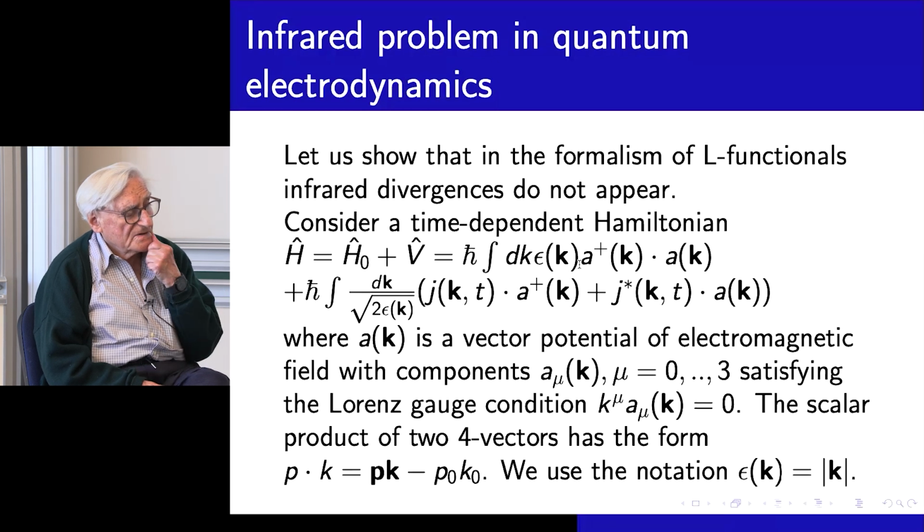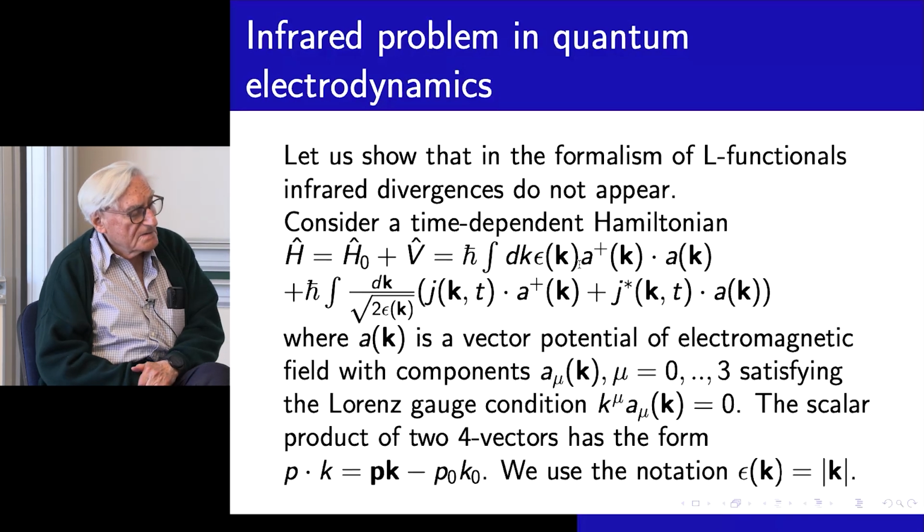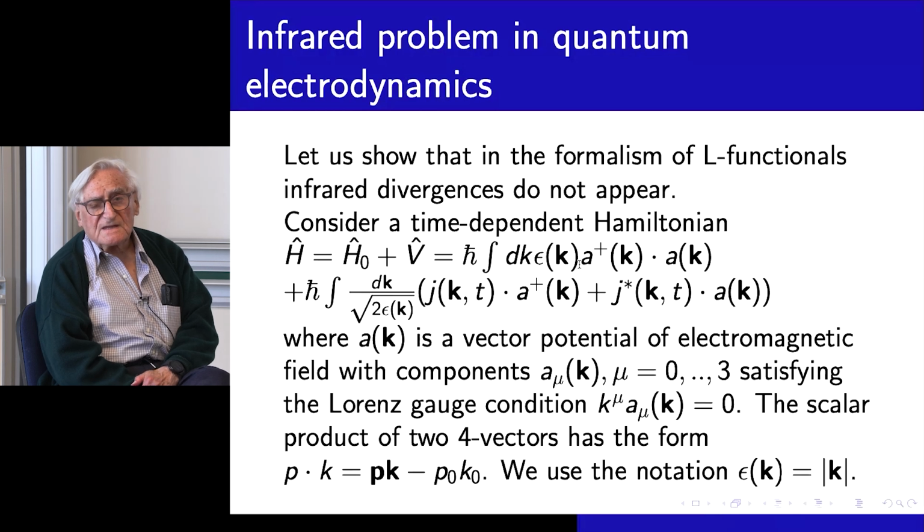So I have this Hamiltonian. Of course you can try to solve it in the usual way, and you will find that Fock space is not sufficient for your calculations.